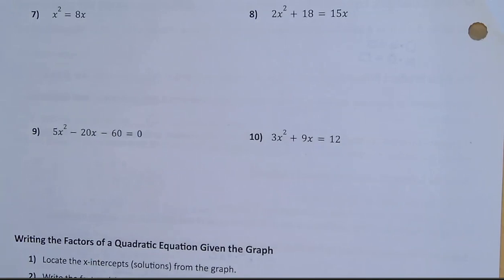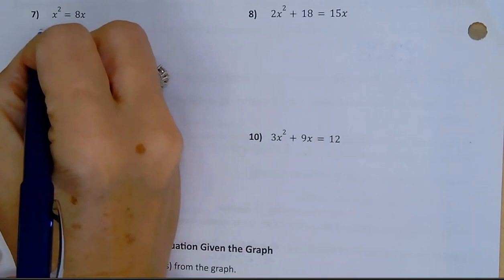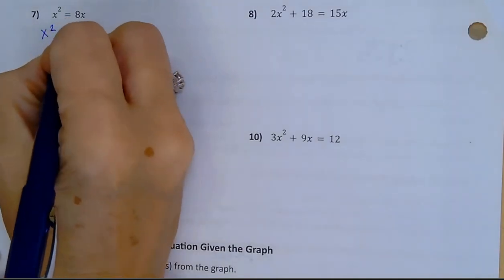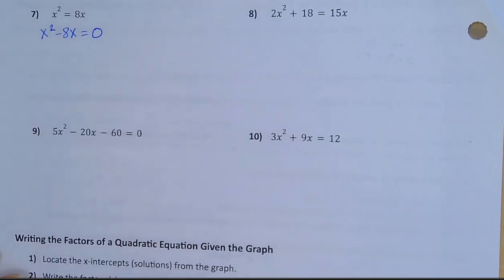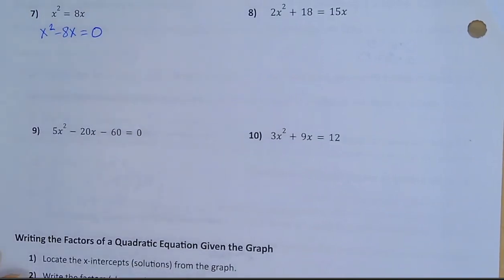Okay. x squared equals 8x. Well, that is not in standard form, so I'm going to put it in standard form. Okay. So I'm going to say that this is x squared minus 8x equals 0. Now it is a standard form quadratic equation. The whole thing is equal to 0, and I have it in descending order of exponents.